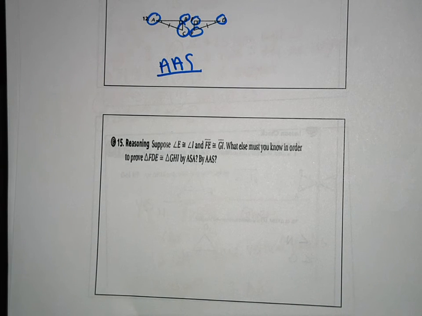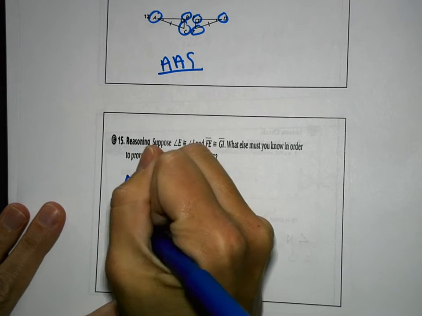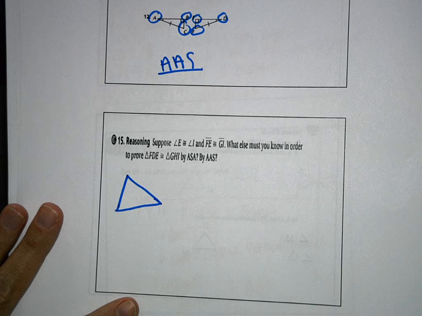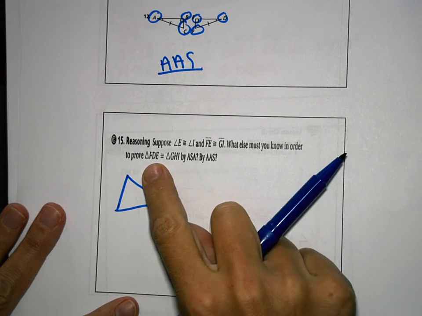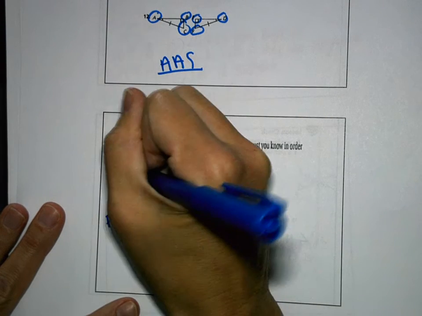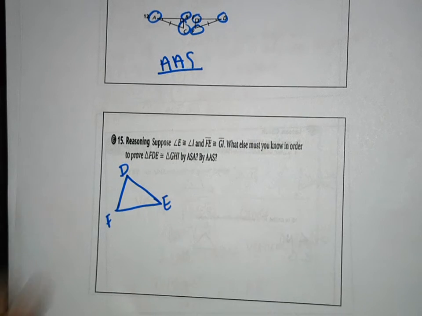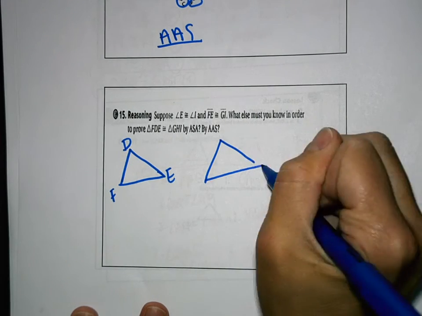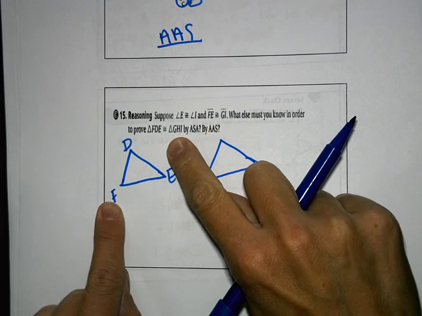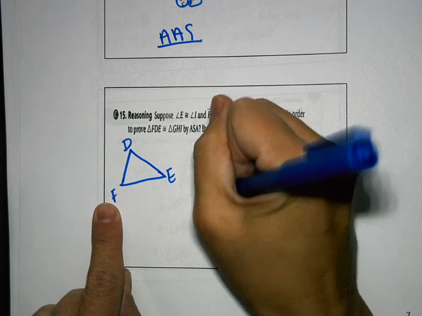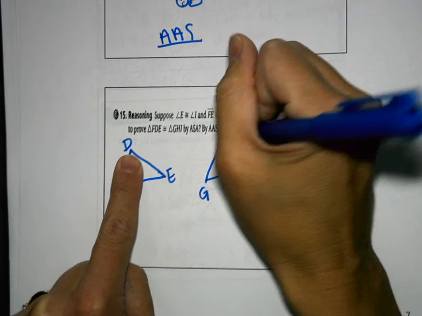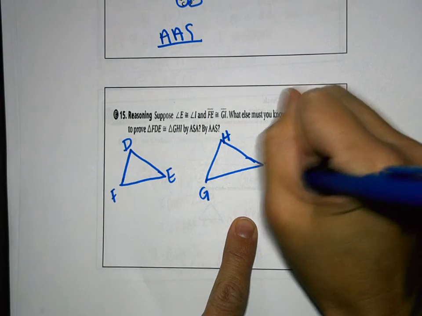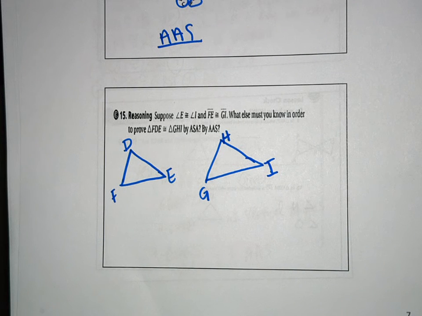I'm going to draw this first triangle and label it FDE. And then I'm going to draw my second triangle. Since F matches with G, I'm going to write G in this spot, and then H and I. We just want to make sure that my letters are in the correct order to match both triangles.